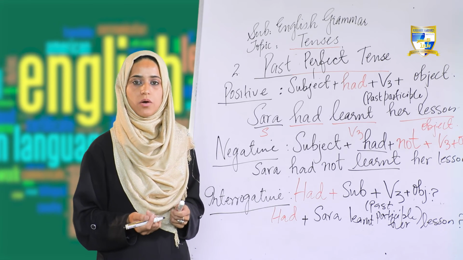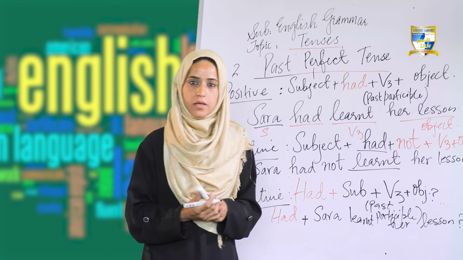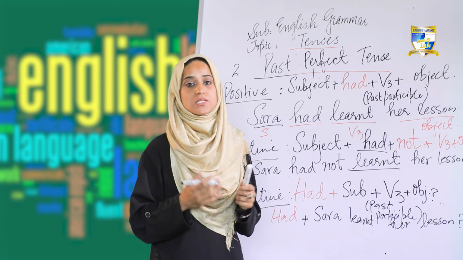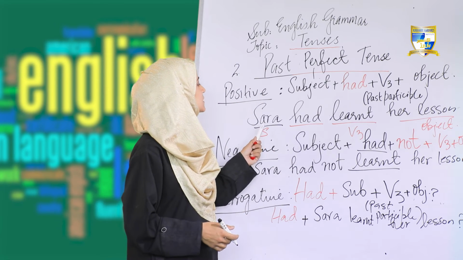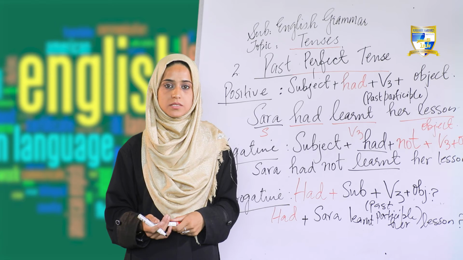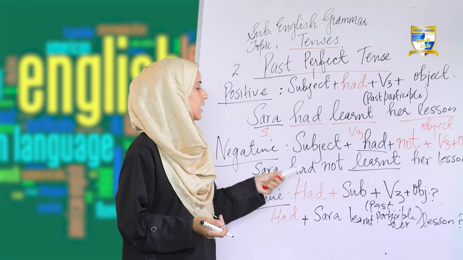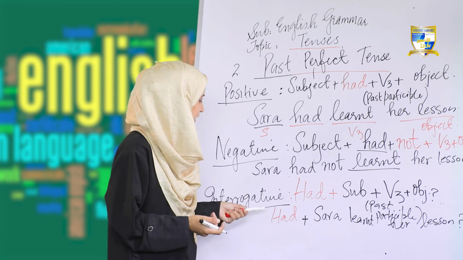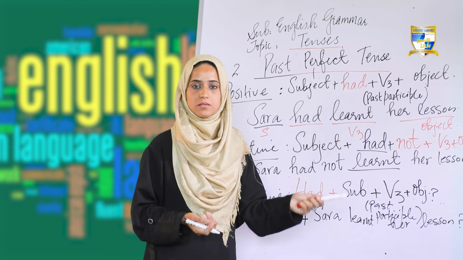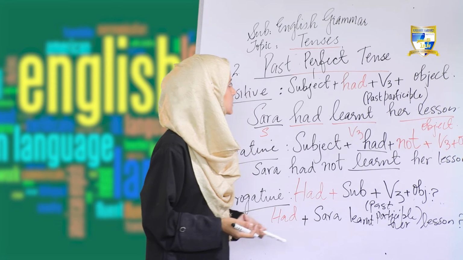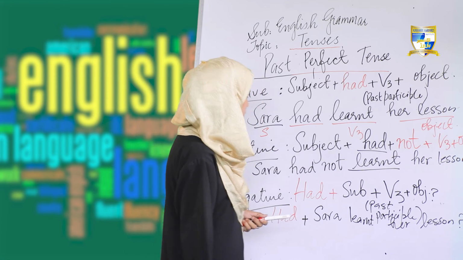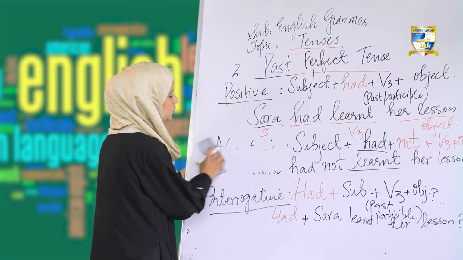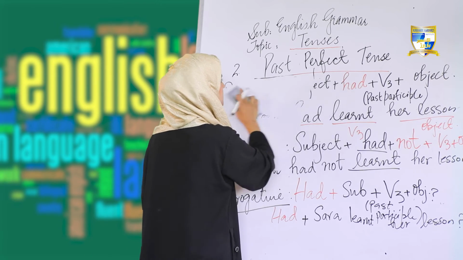For example, if I give you the word drink, the forms are drink, drank, drunk. Sarah had drunk tea. Sarah had not drunk tea. Had Sarah drunk tea? So this is the past perfect tense and its structure. Let's move to the last one from past tenses.